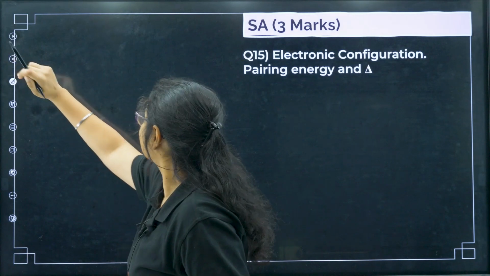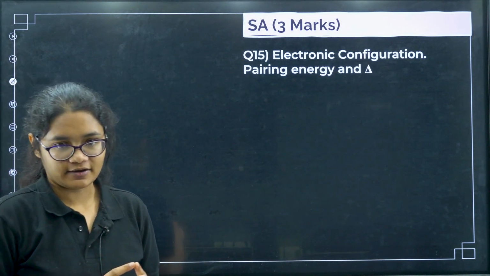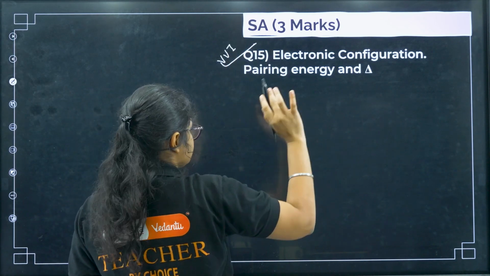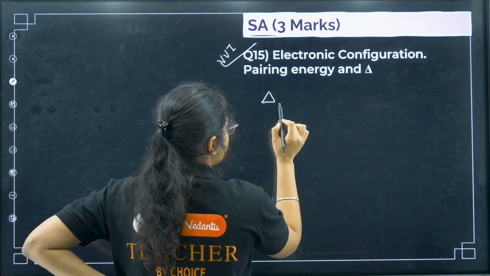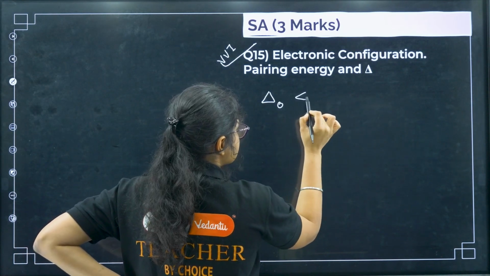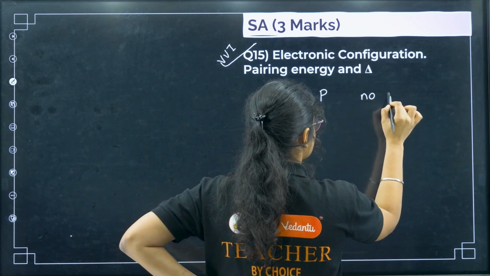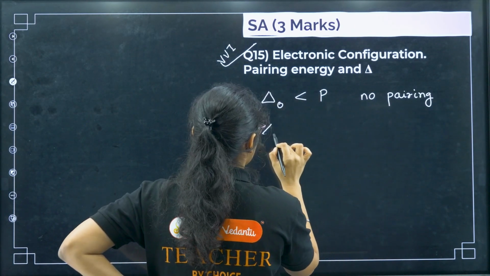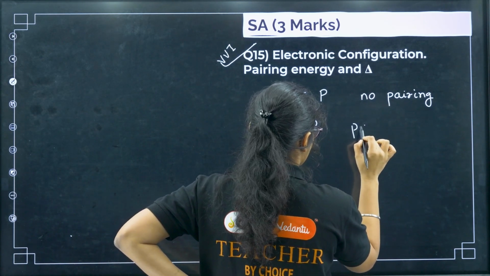Next we have electronic configuration and pairing energy. This is very important, very important. Please understand. First of all, if delta O is less than pairing energy, in that case what will happen? No pairing. If delta O is greater than pairing energy, then what will happen? Pairing.